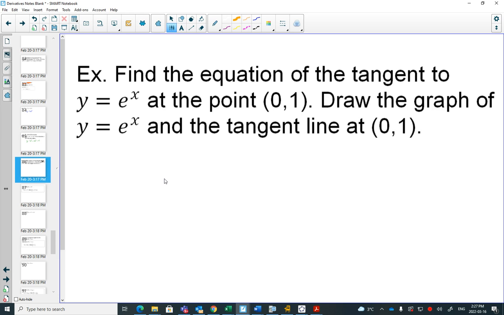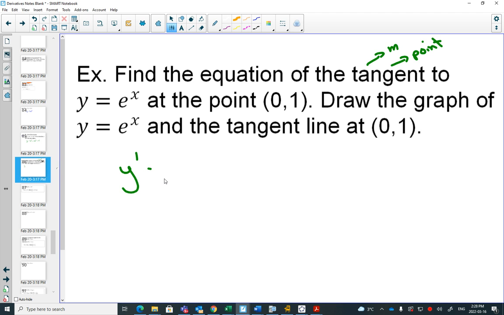Okay, so one of the things we've been asked to do is to find an equation of a tangent line. What do you need to find an equation of a tangent line? You need the slope and a point. How do we find the slope? We find the slope from the derivative. So in this case, you've got y equals e to the x.